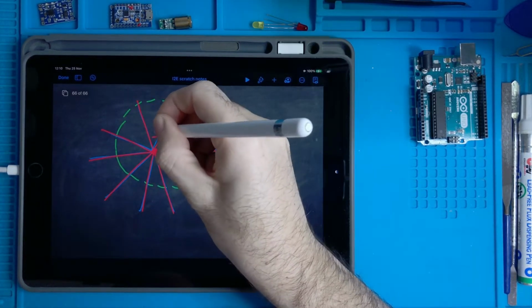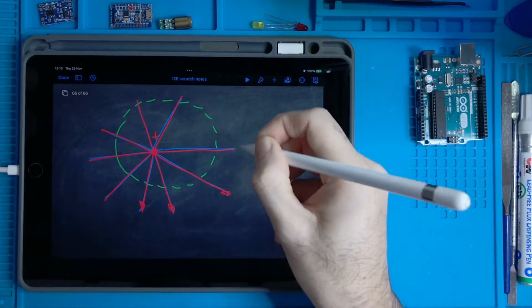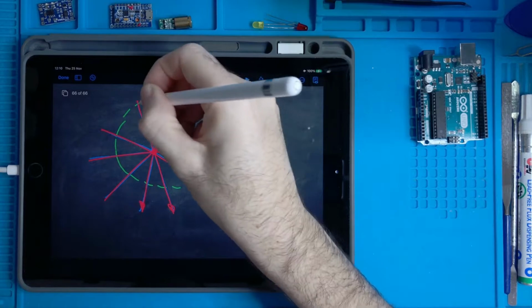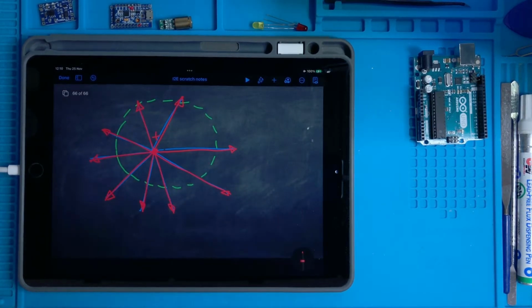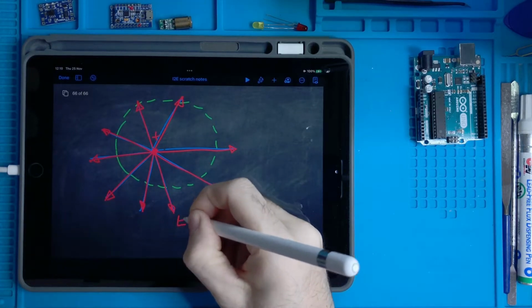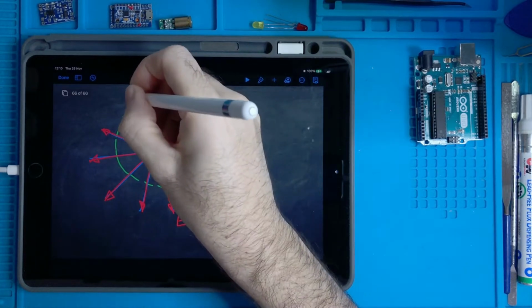Let's consider here we have a positive charge. So like this. And these are all electric field. So this is the electric field.